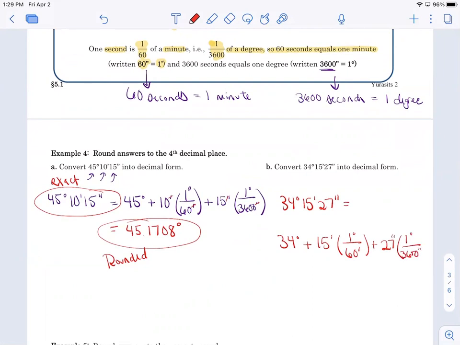I'll put my units. And again, you'd always be allowed to use a calculator. When I do it in my calculator, just to save us a little time, we get 34.2575 degrees. And I should be a little bit more specific. In example A, since I rounded, I should let the reader know I rounded. This turned out to be exactly this.